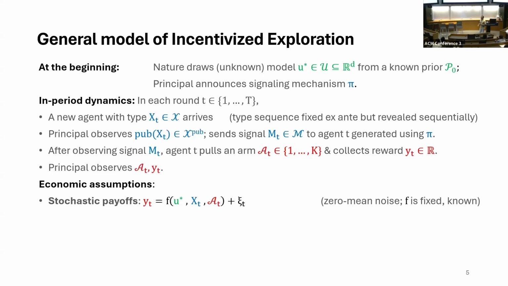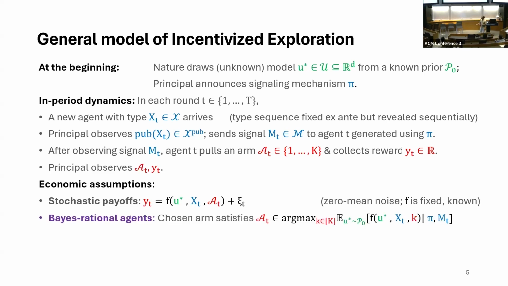Now, the underlying economic assumptions here are quite standard. Payoffs are stochastic. So there's a fixed, publicly known mapping from models, types, and actions to the stochastic payoff, which is denoted by F. You could think of it as being the standard linear model. The rewards are corrupted by mean-zero noise, which is again standard.